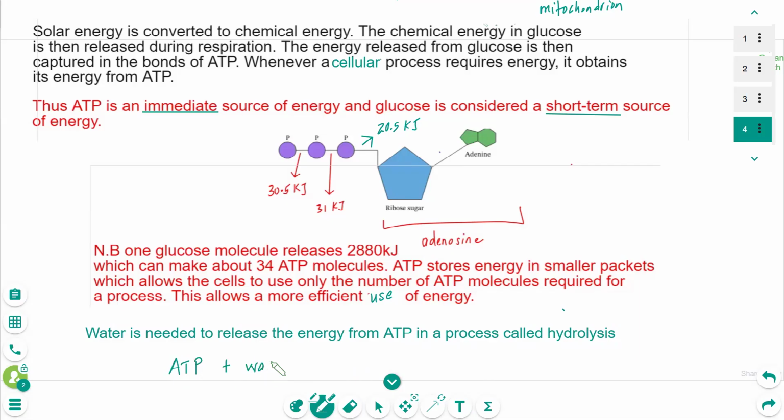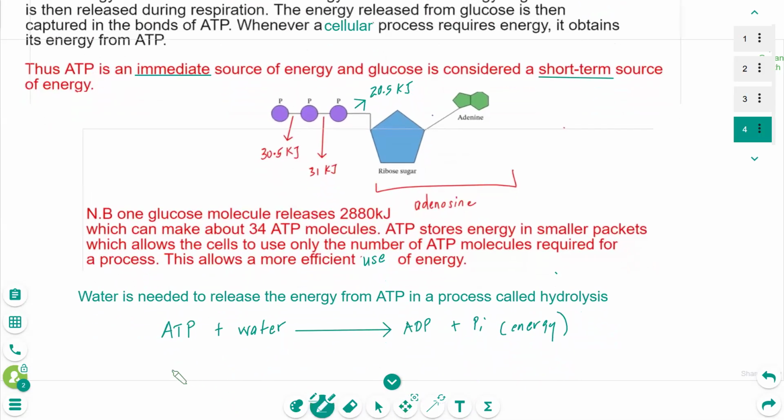If we add water to our ATP molecule and break off just the last phosphate group, we form ADP, which is adenosine diphosphate. And if we have ADP and add more water, we can form AMP and Pi, a phosphate group. And of course, energy is given off as well.